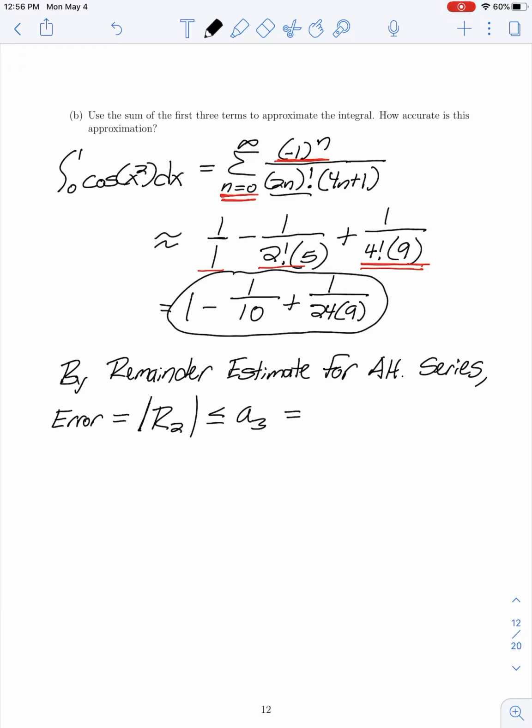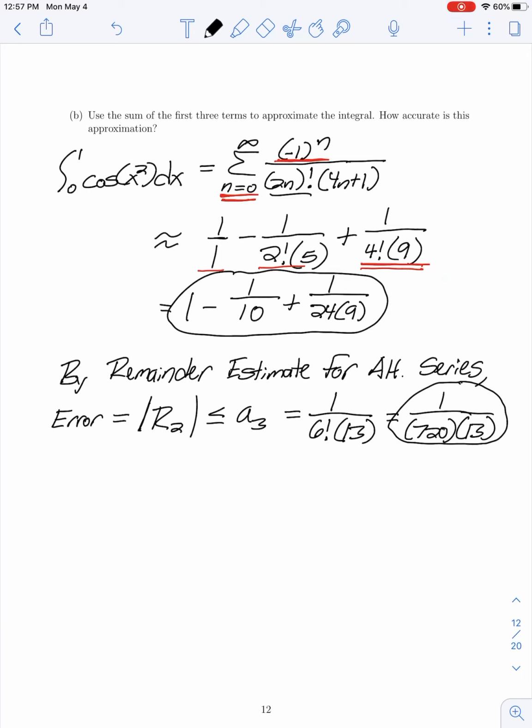So plugging in n equals 3 to our series, we have 1 over 6 factorial times 13, where 6 factorial is 720. So our error in this approximation is at most 1 over 720 times 13.